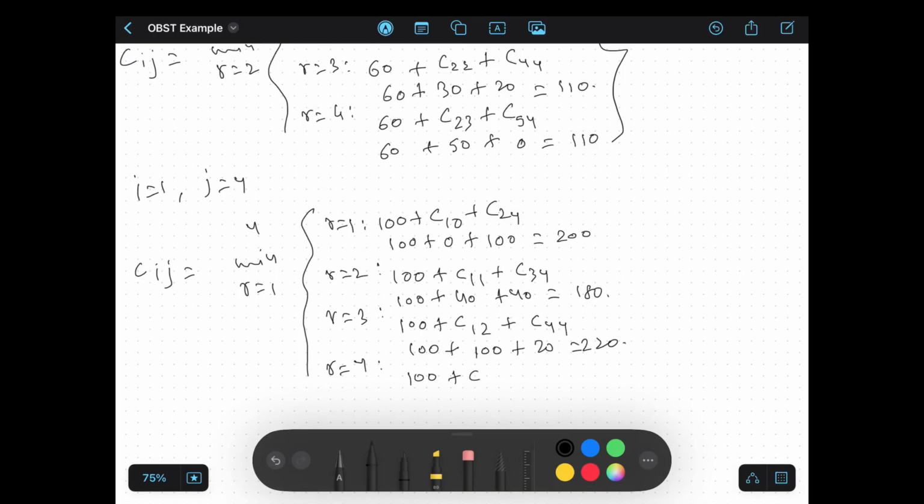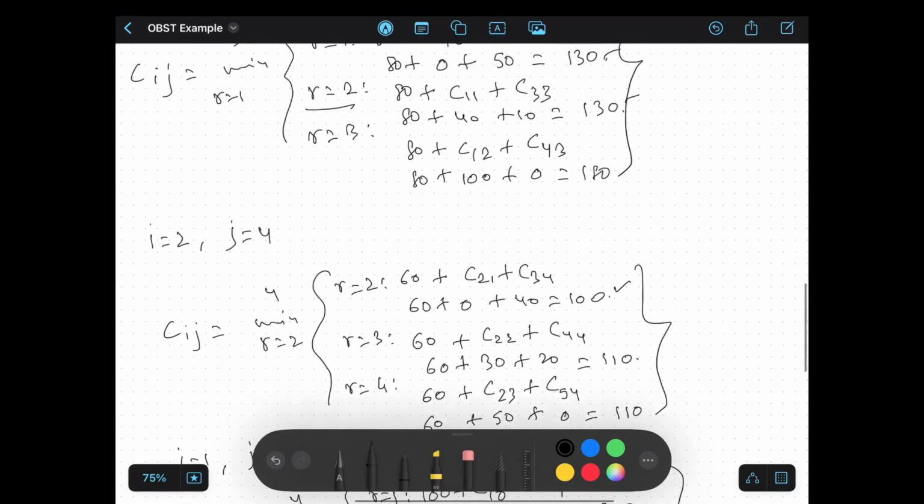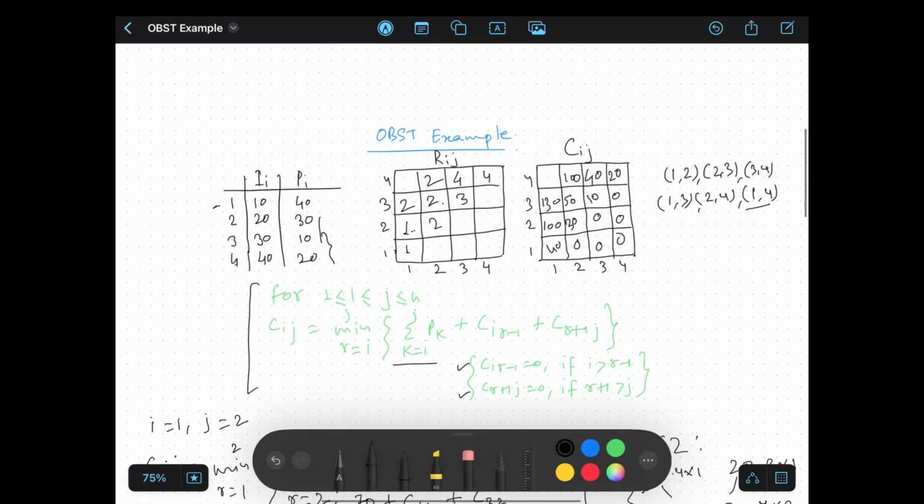And this is 100 plus cost of i is 1 and r minus 1 is 3, plus cost of r plus 1 is 5 and j is 4, which is 100 plus cost of 1, 3, which is 130, plus 5, 4, which is boundary condition. So this came out to be 230. Out of this, the minimum is item 2. So we are going to put 180 here and item 2 here.